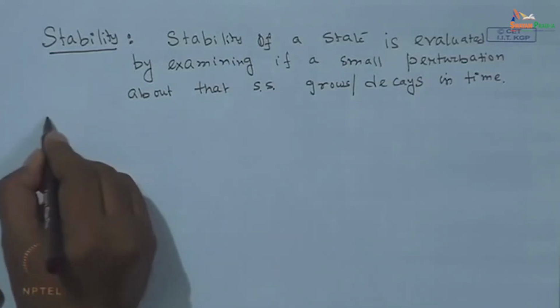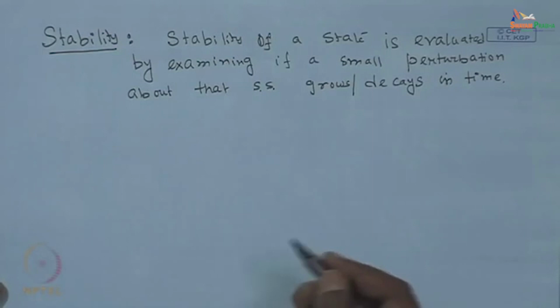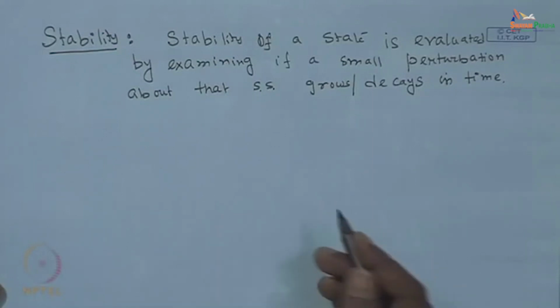For a steady state, you just give a perturbation. If that perturbation grows in time, it is an unstable steady state. If the perturbation decays in time, it is a stable steady state.